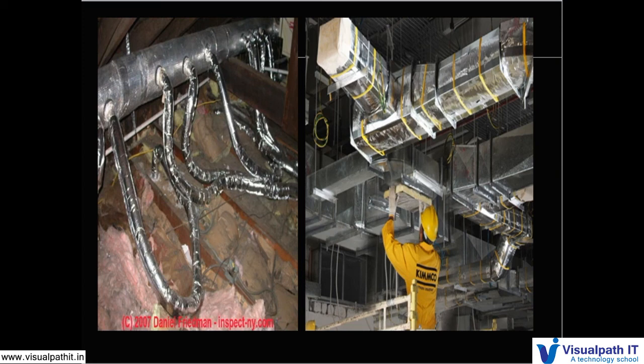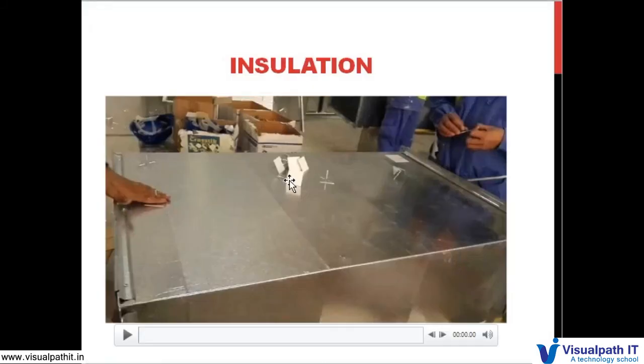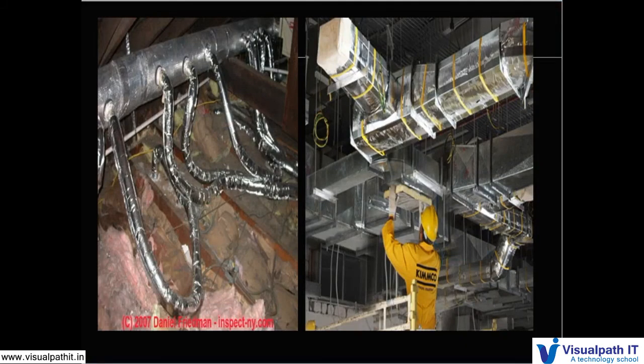It can be done before installing also, and also it can be done after installing. So normally they will go with after installing only if it is of nitrile rubber kind, and there are also some flexible insulation materials.